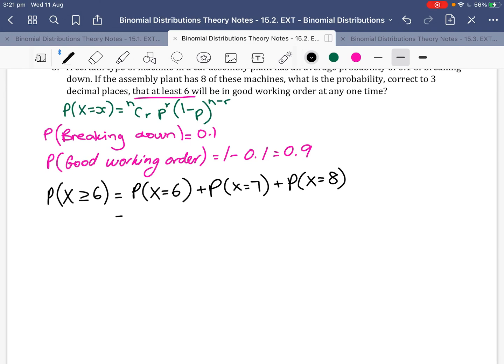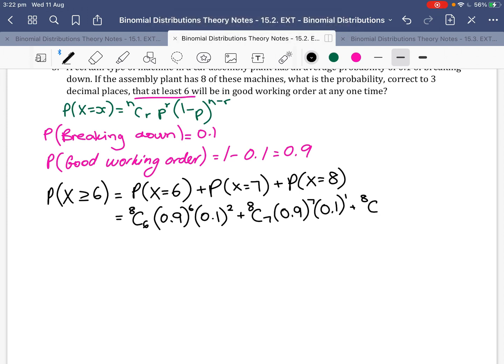So we can do this all at once. So the probability that x equals 6 is 8C6, 0.9 to the power of 6 times 0.1 to the power of 2, plus the probability that x equals 7 is 8C7, 0.9 to the power of 7, 0.1 to the power of 1, plus the probability that x equals 8 is 8C8, 0.9 to the power of 8, 0.1 to the power of 0.